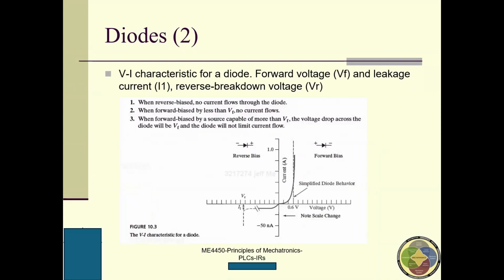So this is a VI characteristic for a diode, showing forward voltage, leakage current, and reverse breakdown voltage VR. We talked about this one already. Keep in mind, if you want this diode to allow the current to flow through, you need to apply the voltage using the forward bias.